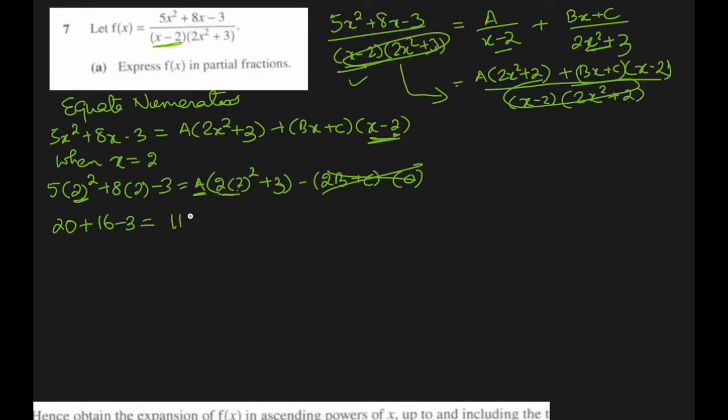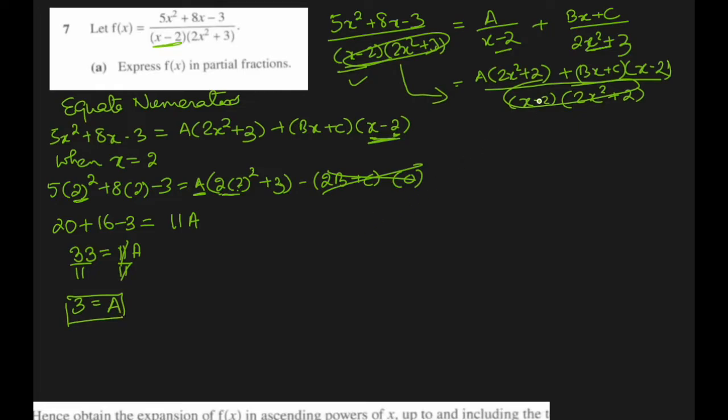It will be 11A. So 33 equal to 11A. If we divide both sides by 11, 3 equals A. So A comes out to be 3.